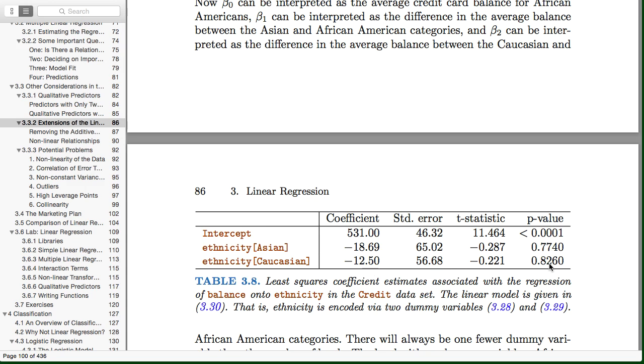There's an 82% chance that if this number is zero, we will see a number of equal or greater magnitude to this number. And there's a 77% chance that if this number were actually zero, we would see a t-statistic with this magnitude or greater.